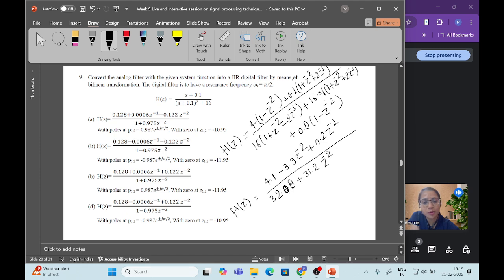Now the z inverse term will be 16 into 2 z inverse and 16 into minus 2 z inverse, so that will cancel out, and this will be left here.